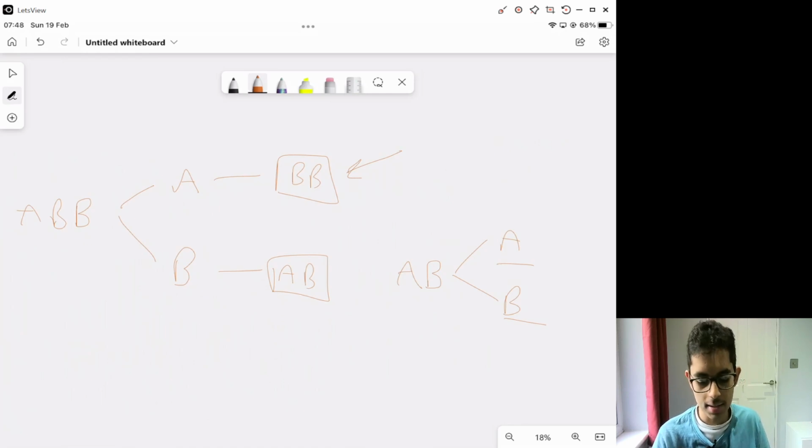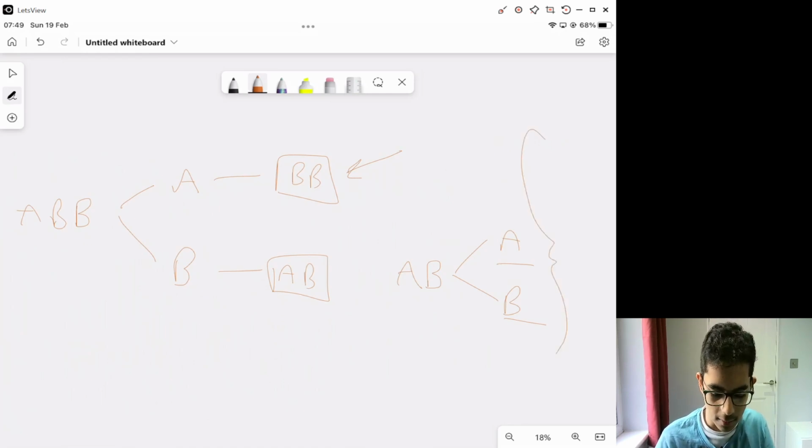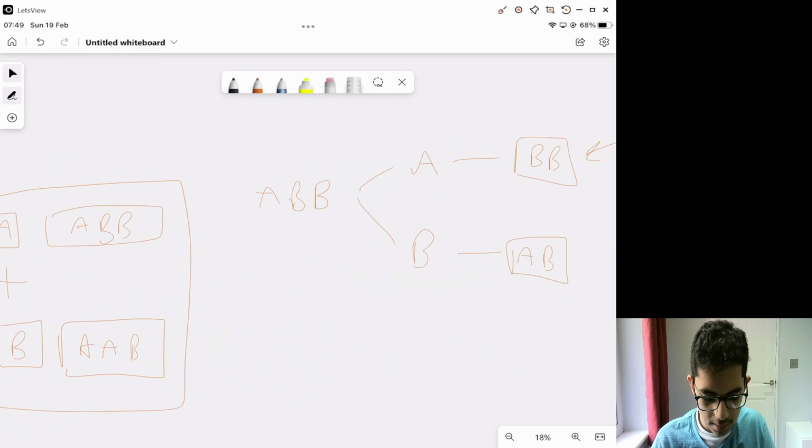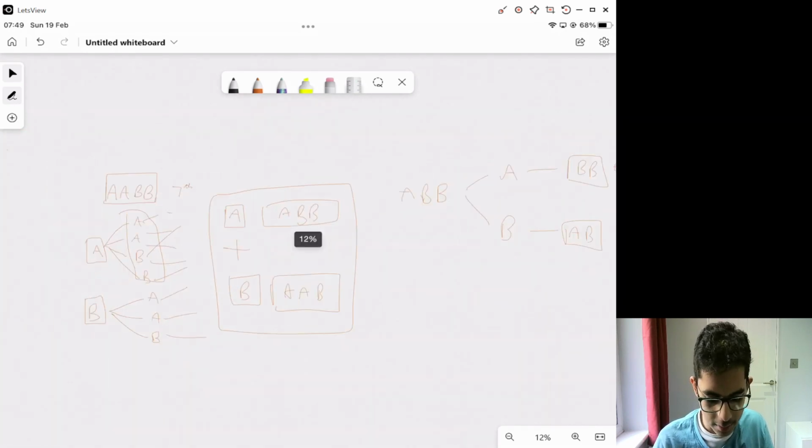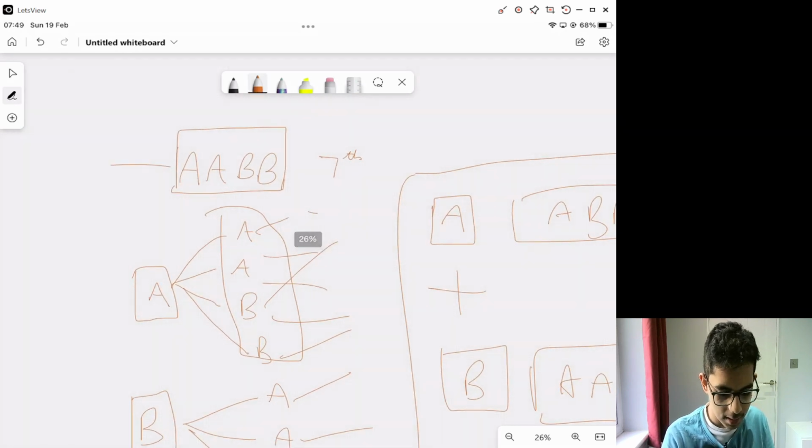Once we reach these base cases, if you're familiar with recursion, then we just start unwinding the whole stack, because we're finished with our recursive code. And now we just need to determine that for all possible sub-branches. And then we get the number of ways in which AABB can be rearranged.